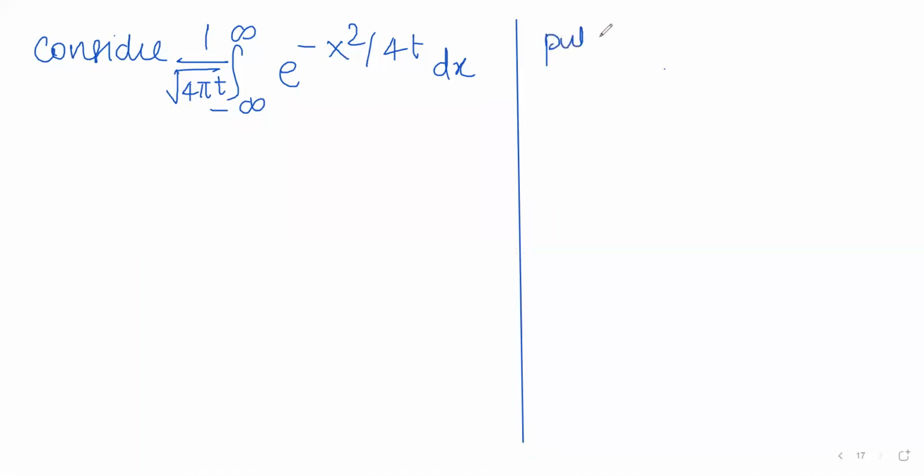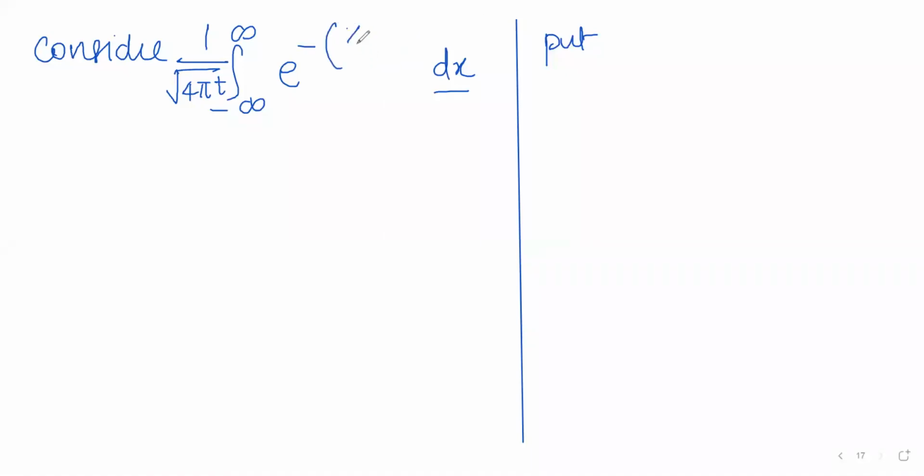So I'll put x square by 4t to be equal to some z. My goal is to find out dx, and there is no change in the limits. Hold a moment. No, I guess I made a mistake, because if it is x square, then minus infinity to infinity will be 0. Wait, I need to think about another substitution. Rather, I was happy with the earlier thing.